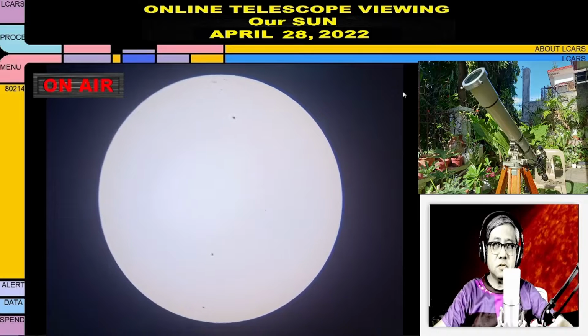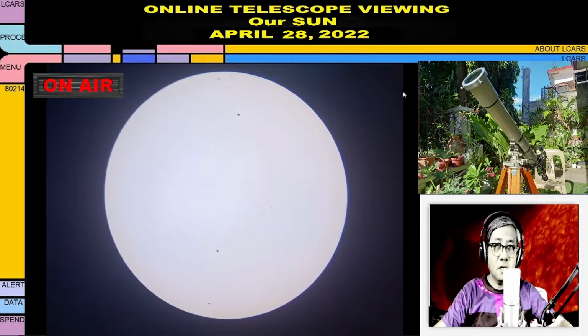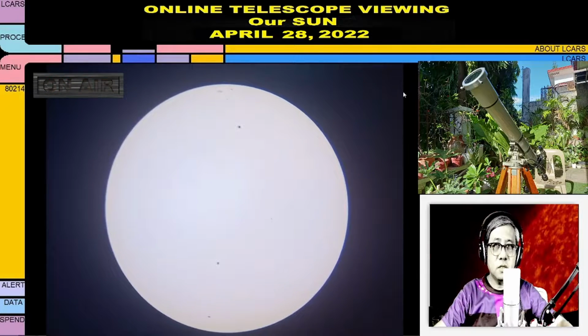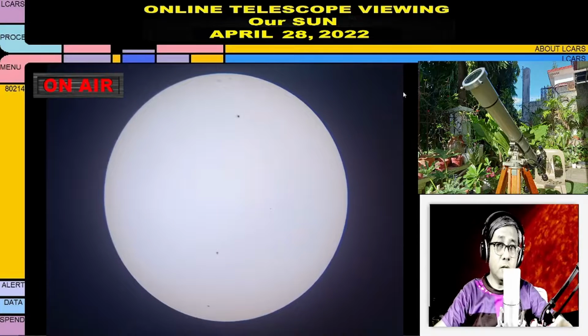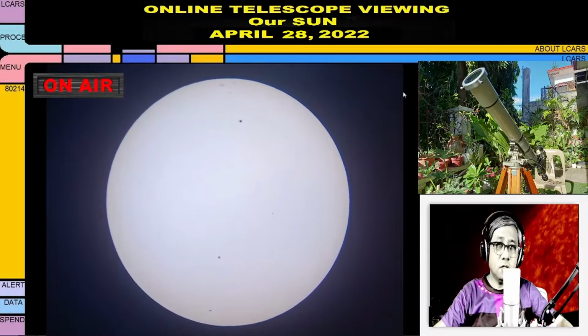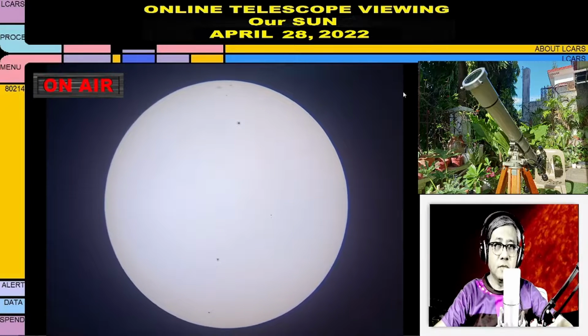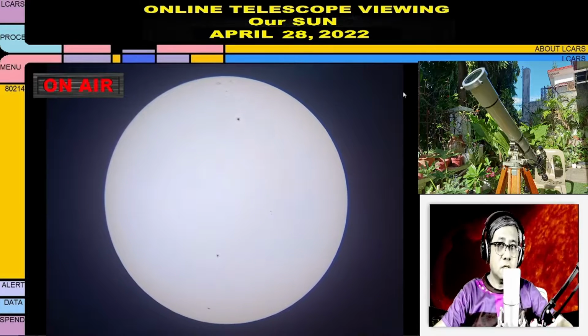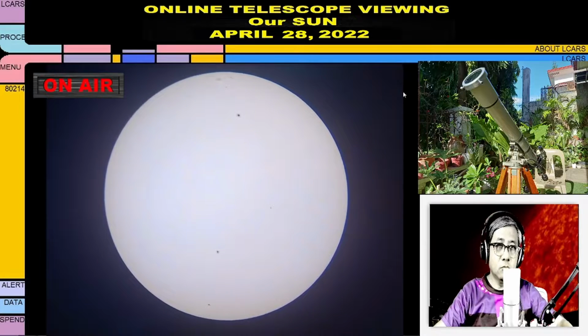Mga ka-spacers, we are entering, kaya marami po tayong sunspots na nakikita lately. Kung mapapansin po ninyo, ilang araw ko na rin o ilang linggo ko na rin inoobserbahan ang araw, because we are entering the so-called solar maximum.